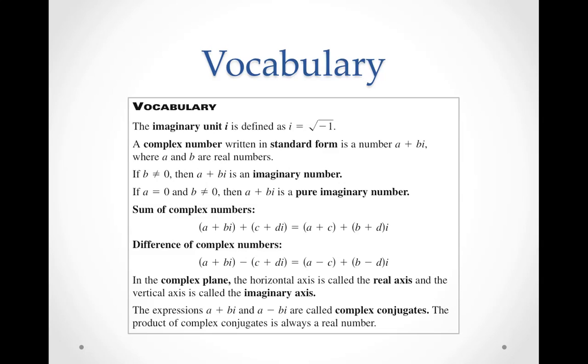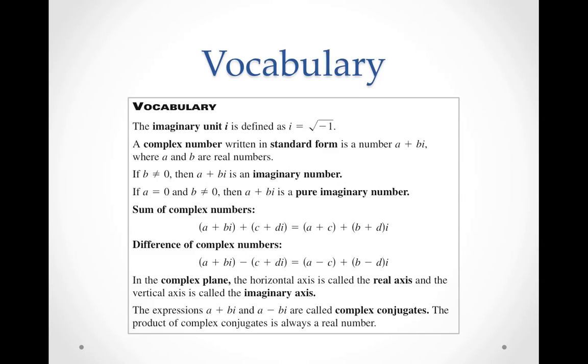And a unique feature of complex numbers is that we have things called complex conjugates. And a complex conjugate is simply the same two terms, but in one case it's being added, and in the other case it's being subtracted. These are not opposites of each other.